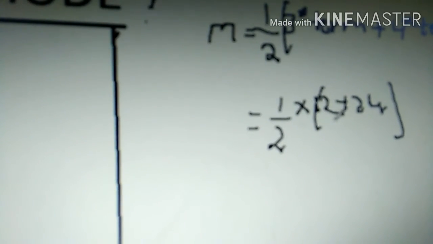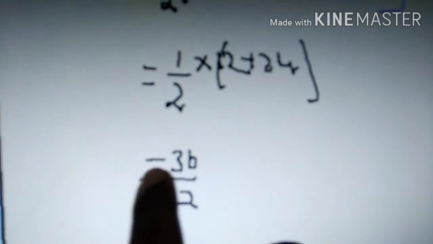We write them here: 12 plus 24. We add these, and after adding we get 36 by 2. We need to cancel them. 2 eighteens are 36. Therefore, median is equal to 18.